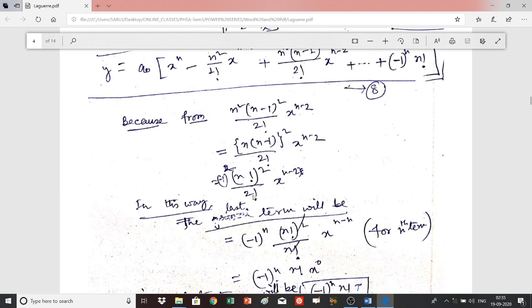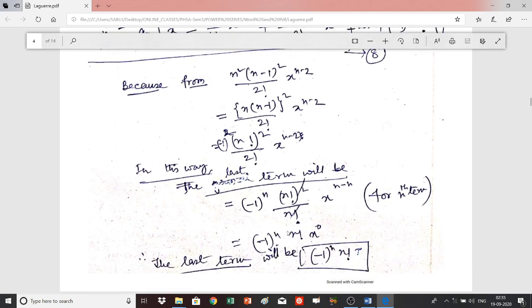Okay, and in this case, as it is increasing to n, it will be n factorial instead of 2 factorial. So it is n factorial here, and since this term is increasing 1, 2, 3 up to n, x to the n minus n will be the last term. So this will give you minus 1 to the power n, and then n factorial, and x to the power 0, that means 1, that is minus 1 to the power n factorial.